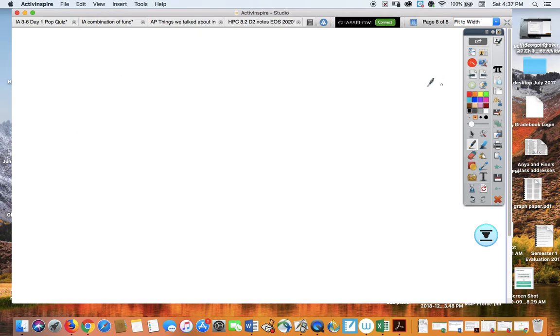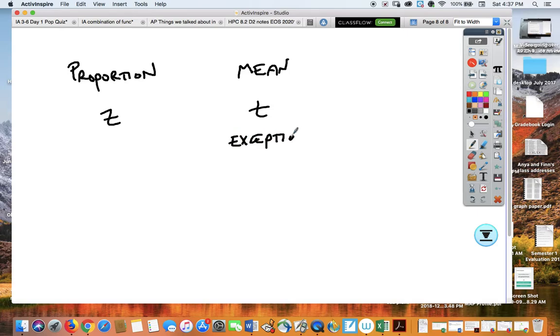And then here's the last idea. I've already said this, when you have proportion problems, those are going to be Z. And if you have mean problems, those are going to be T. There's an exception, and it does not happen very often.